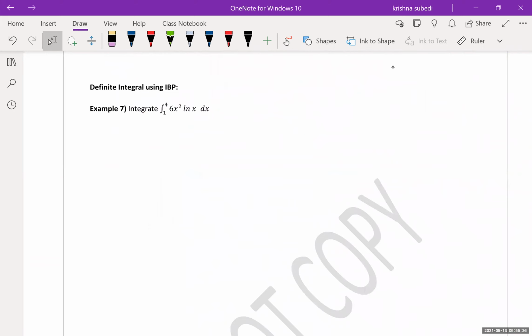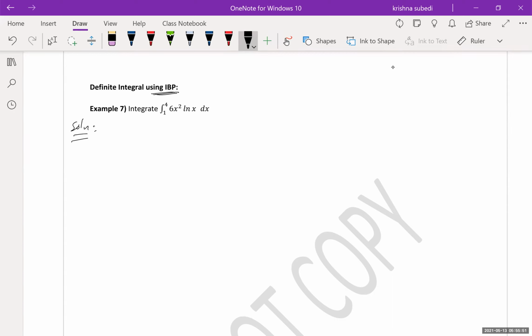And the last one, a definite integral using IBP. Let's try this. We have done all the examples with indefinite integrals.